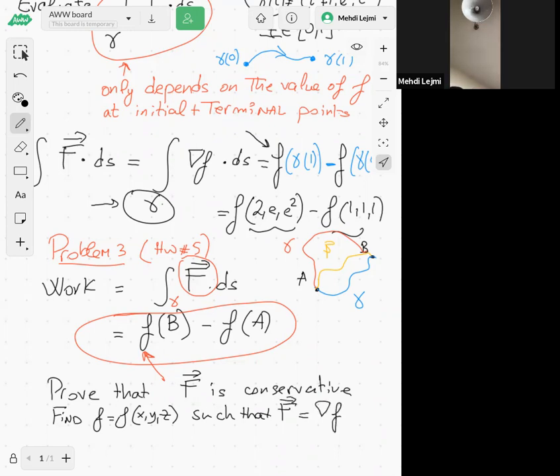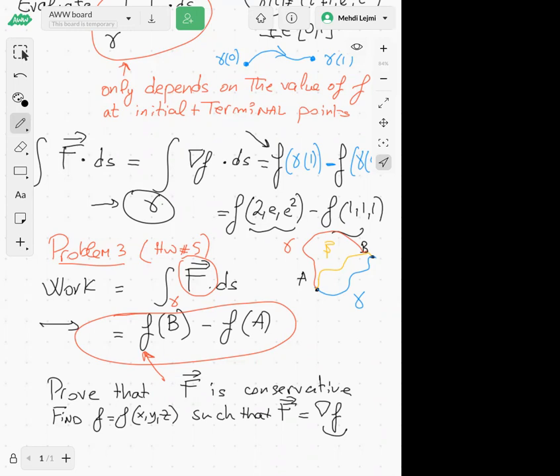Once you find this f, then you can use it to find the work done by the force field or vector field F. This is just the same steps as problem two. Okay, I got it. Perfect.